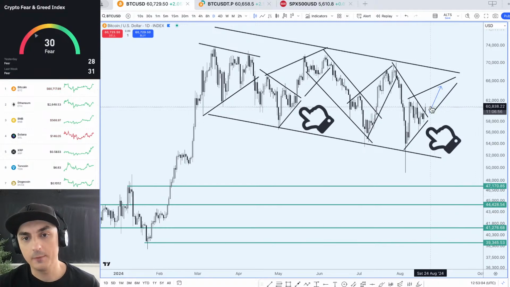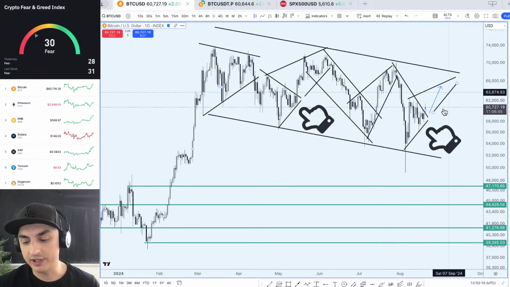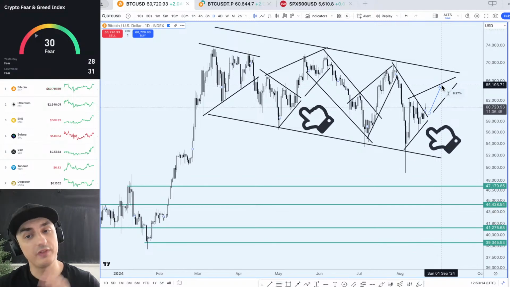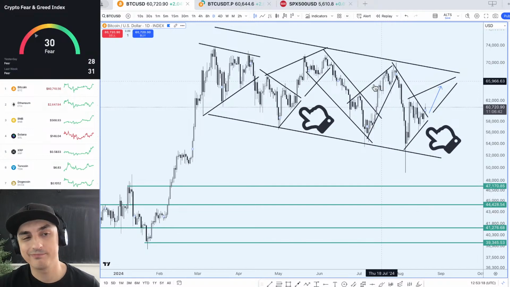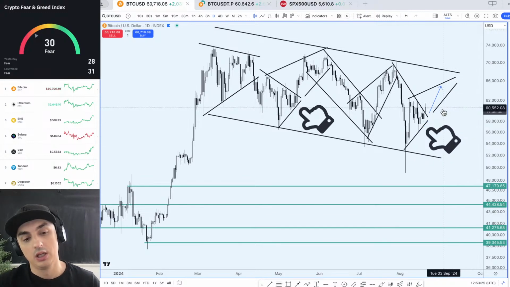According to these fractals, according to this behavior, we could potentially break out to the upside. We could potentially break to the 66K or even 65, somewhere around these numbers. That is most likely target for this kind of price action and for these shapes.